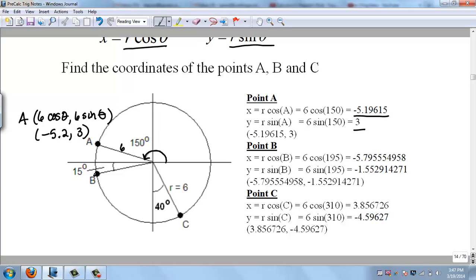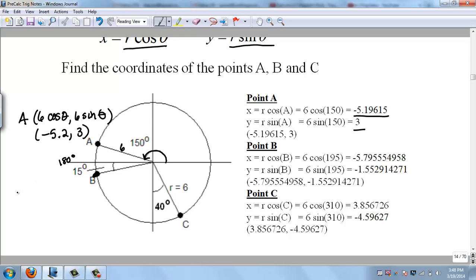If I look at point B here, that angle was 15 degrees more, so that's really 195, because it's come all the way over here, right? I have to use 6, because it's 15 past 180.